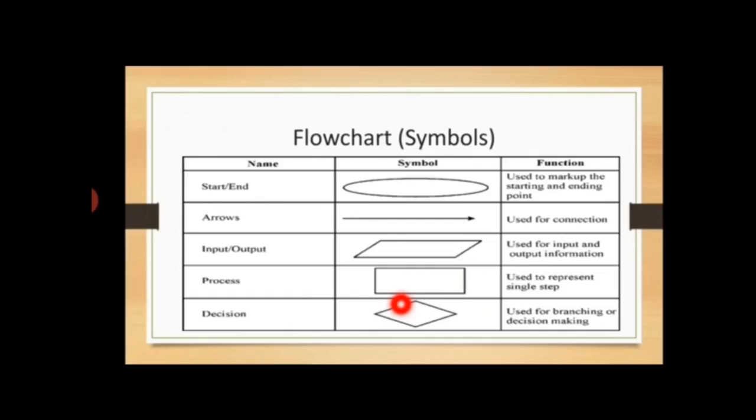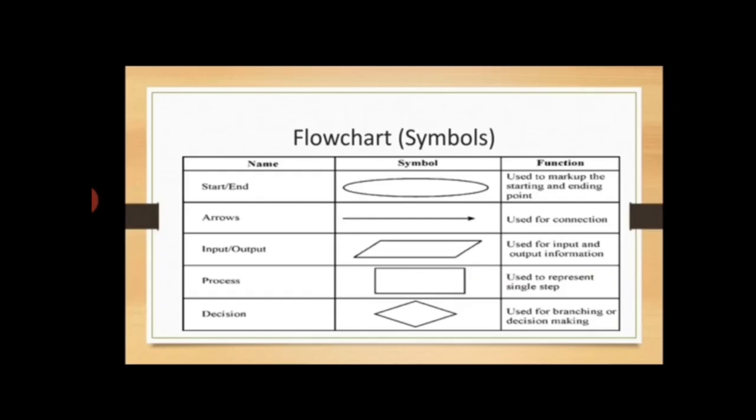And then there is a decision box also. Decision box is used to check a condition where there are two options, true or false. It is used for branching or decision making. One more box is also there, which is called connector. It is in circle shape, used to join different flow lines of the same flow chart. When we have to connect the flow chart, we can use connector.